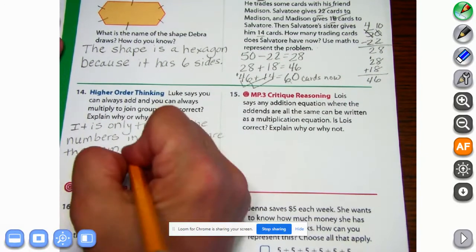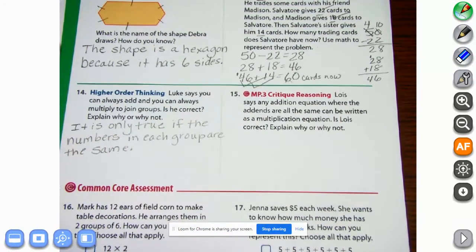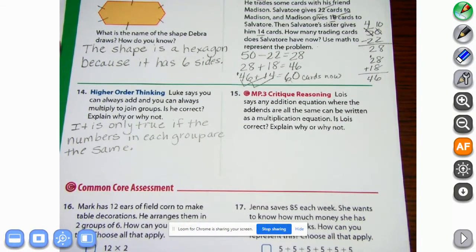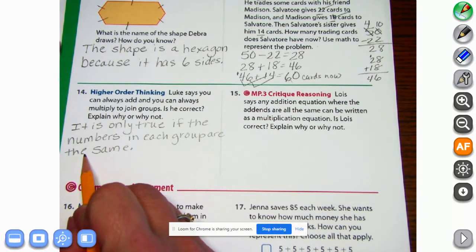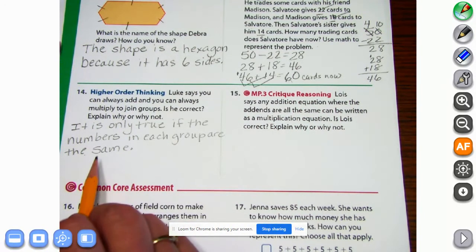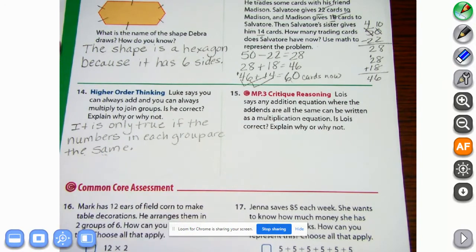Because we can't add, like we did on the backside, we can't add 3 plus 4 plus 7 and then make a multiplication problem out of it. You can add 3 plus 4 plus 7 and get the answer. You can join those groups, but you can't make a multiplication problem out of it because the group has to have the same number. It is only true if the numbers in each group are the same, okay?